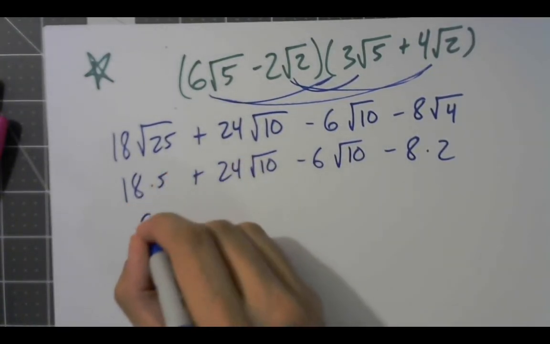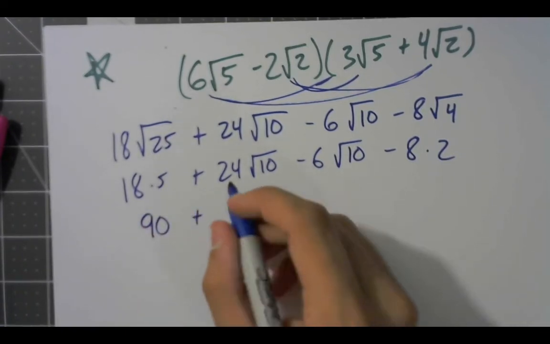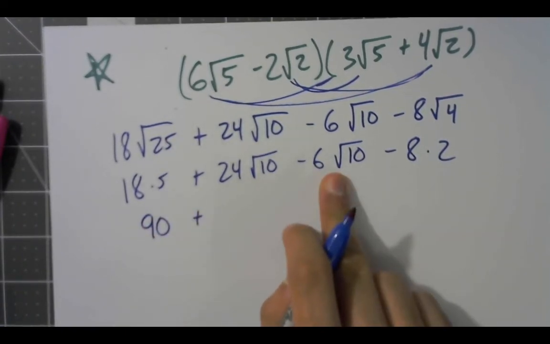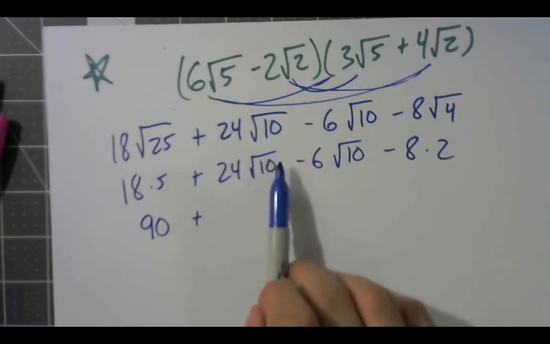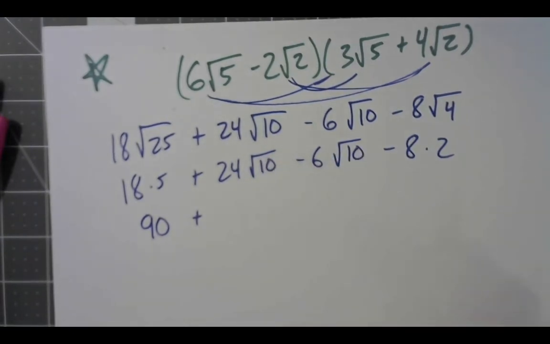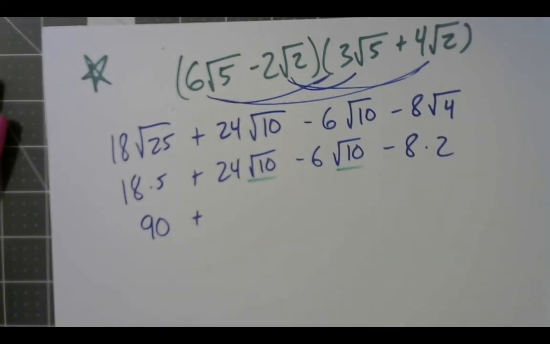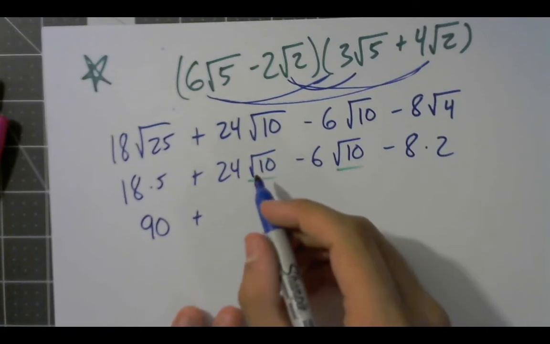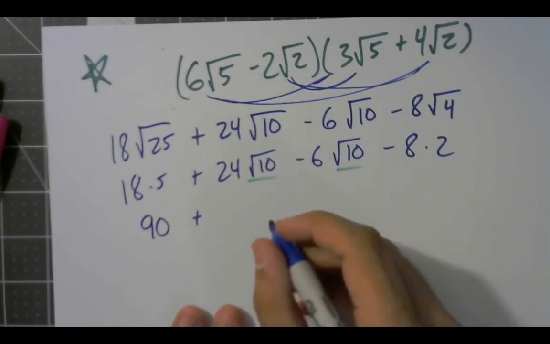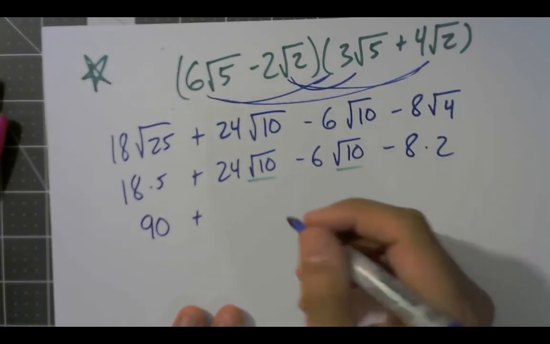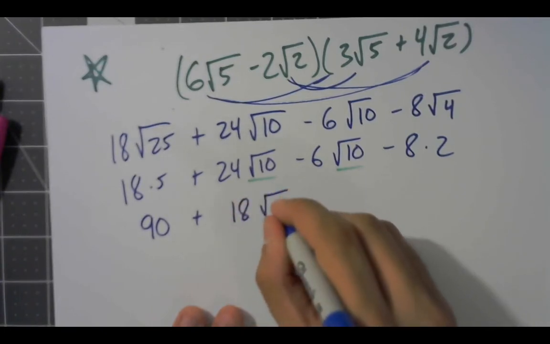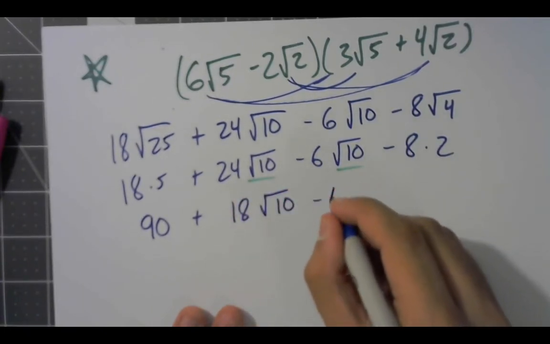I'm going to subtract 6 from 24 because they have the exact same thing under the radical. That means they're going to work similar to variables. So this is now going to drop down to 18 root 10 minus 16.